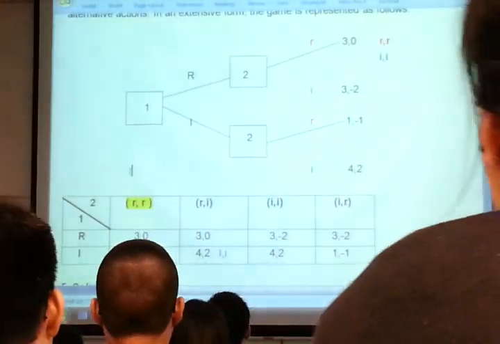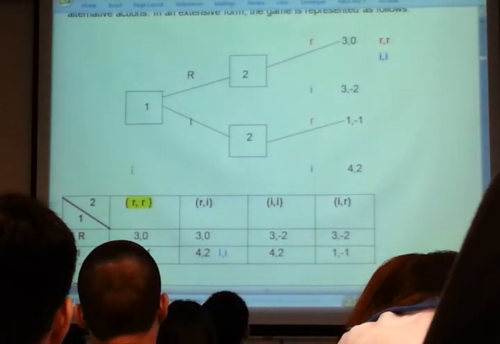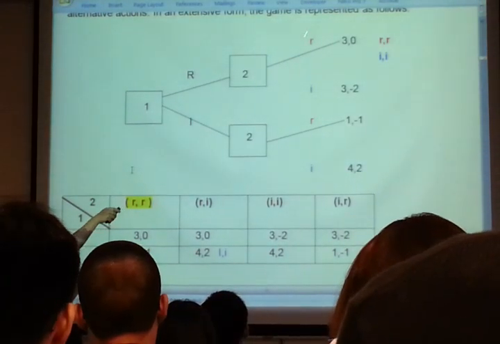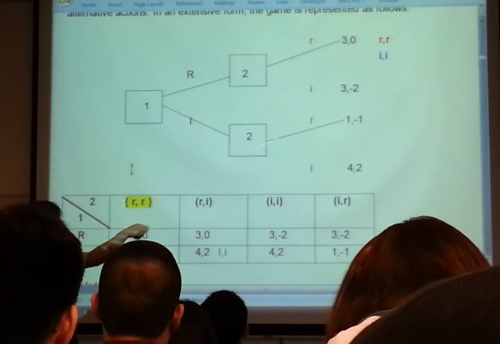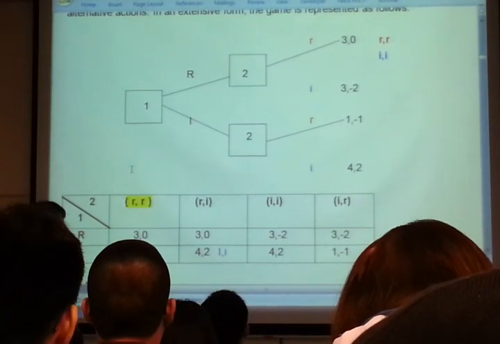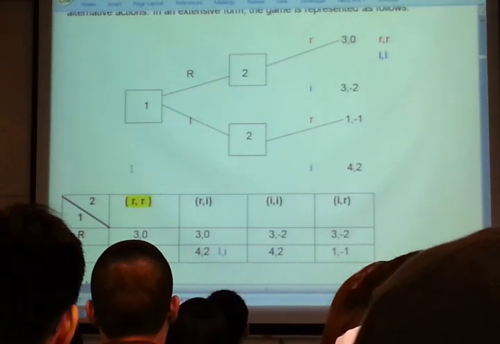Good? So what's the meaning of rr? rr means what? Here play r, top play r, below play r. Okay? Now, are there any other plan that player two can formulate?